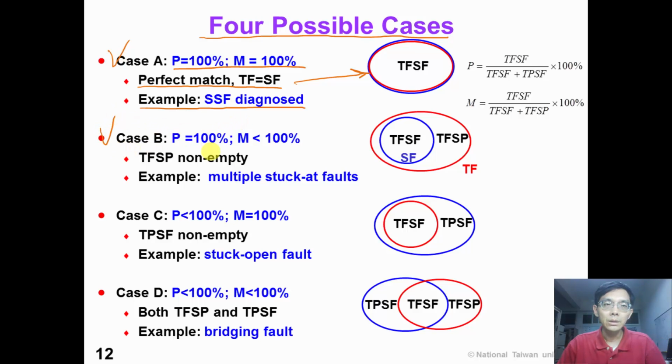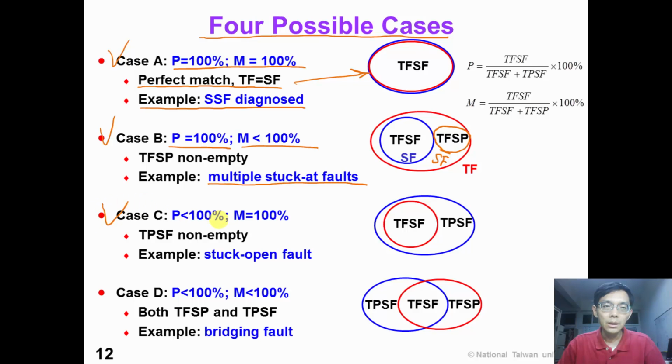For case 2, we see a perfect P score 100%, but the M score is less than 100%. This figure shows that the TFSP is non-empty. One possible explanation for this case is multiple stuck-at faults, where there is a second fault that should be diagnosed.